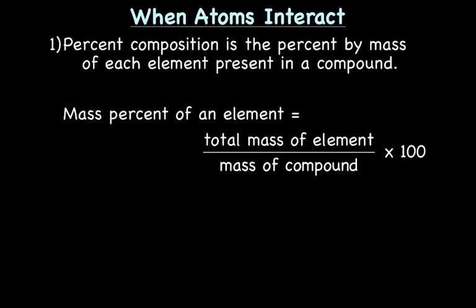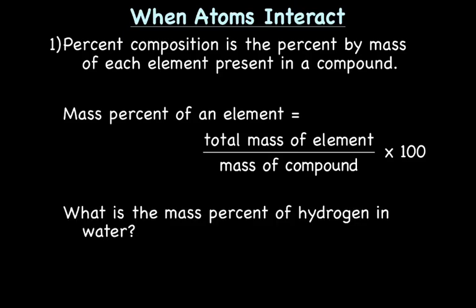Okay. So the formula for calculating percent composition is mass percent of an element is the total mass of the element in the compound divided by the total mass of the compound multiplied by 100. So let's try this real quick. What is the mass percent of hydrogen in water?